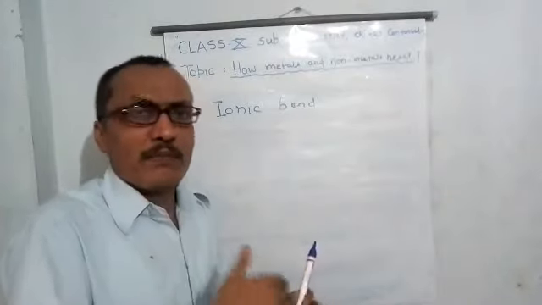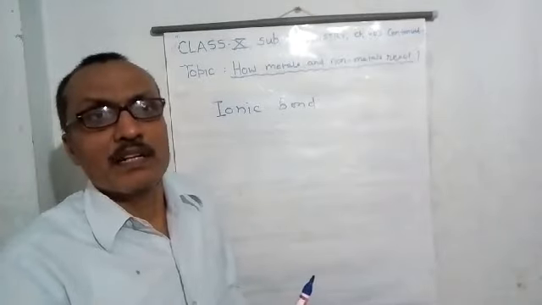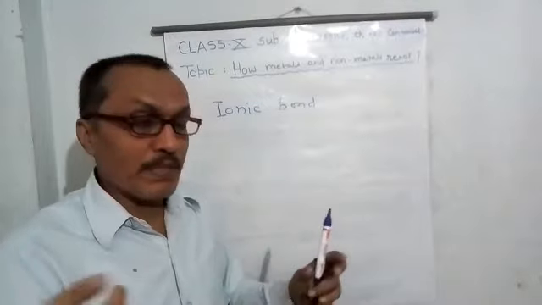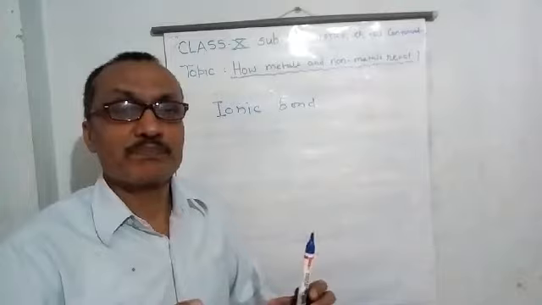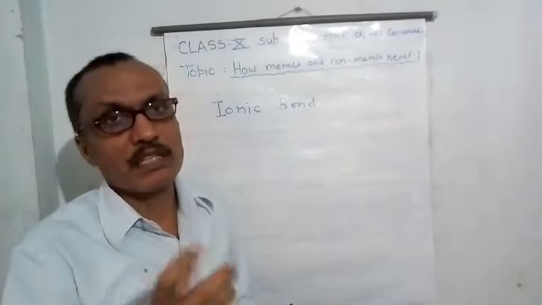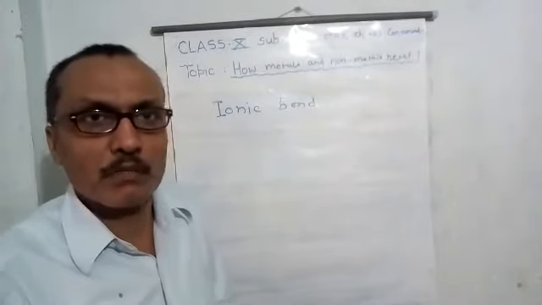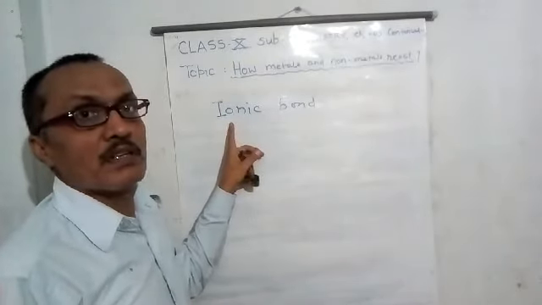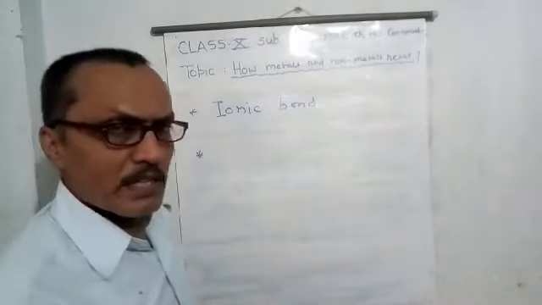It means one atom transfers its electron to another atom and the other atom gains those electrons, and in this way a force of attraction develops between both, and that force of attraction holds them together in the molecule. That force which holds them together is said to be ionic bond. Number two, take the other case.